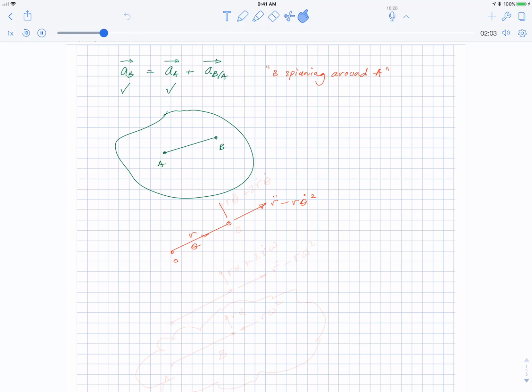And then this tangential or theta acceleration was R theta double dot plus this weird cross term between R dot and theta dot. As the R dot changes and the theta dot is changing together, that causes an acceleration. We went over that earlier.